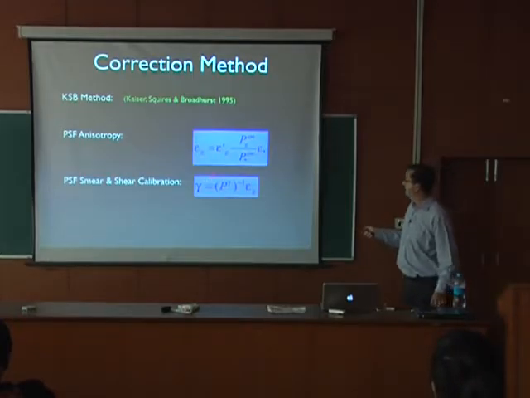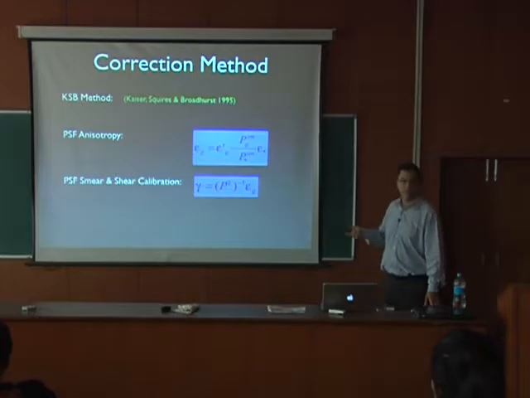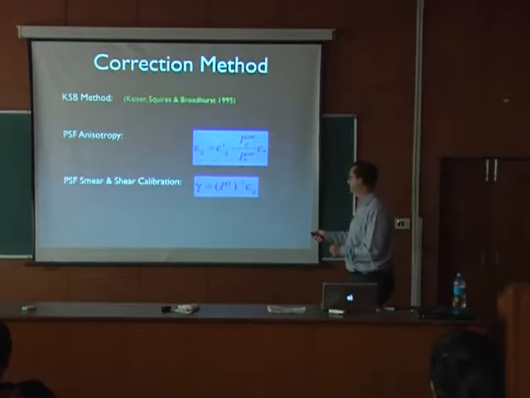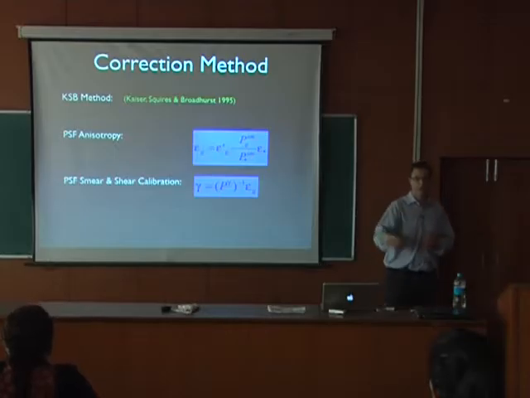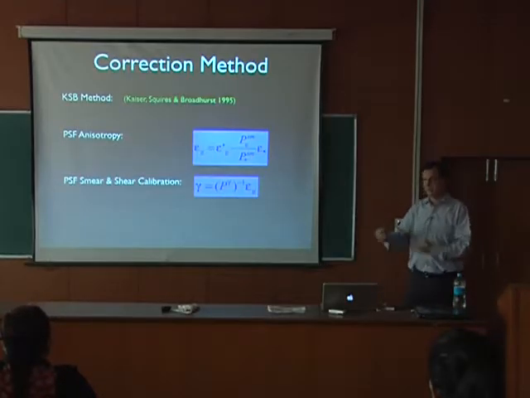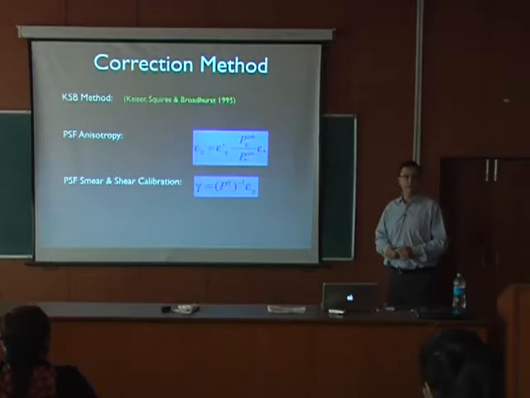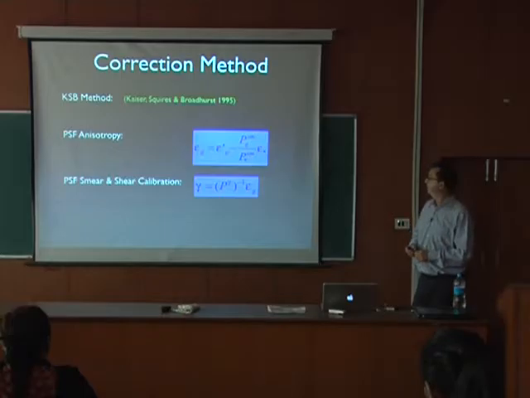Now the problem is, in practice, there are all sorts of errors in all these different steps. And as a result, there are still typically some systematic errors left. So the shear estimator, when averaged, doesn't quite equal the shear that's been put in. And that's where the simulations come into play. You use the simulations to calibrate, and you improve the methods until they're robust and so on. Okay.